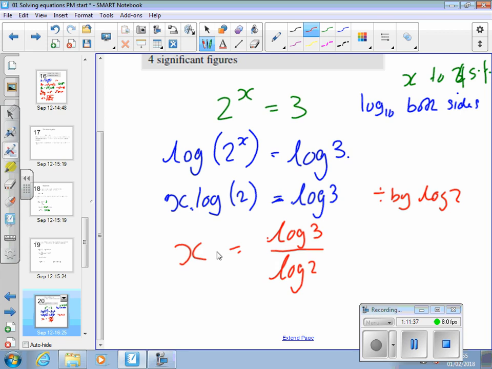Now we can put that in the calculator, can't we? Put x on its own. x equals 1.585 to 4 significant figures.